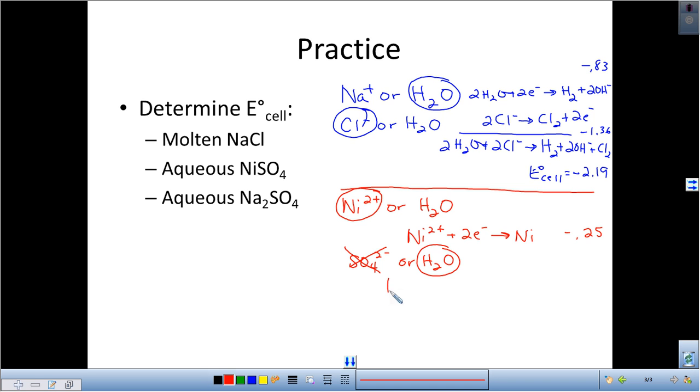So it's going to be 2 waters yields O2 plus 4H plus plus 4 electrons. And this has an oxidation potential of negative 1.23.